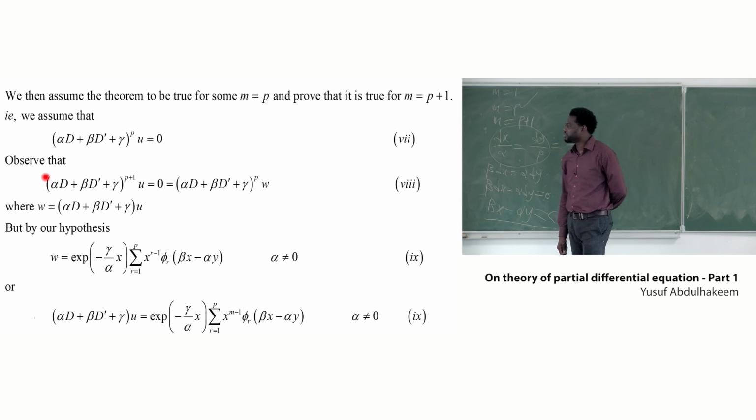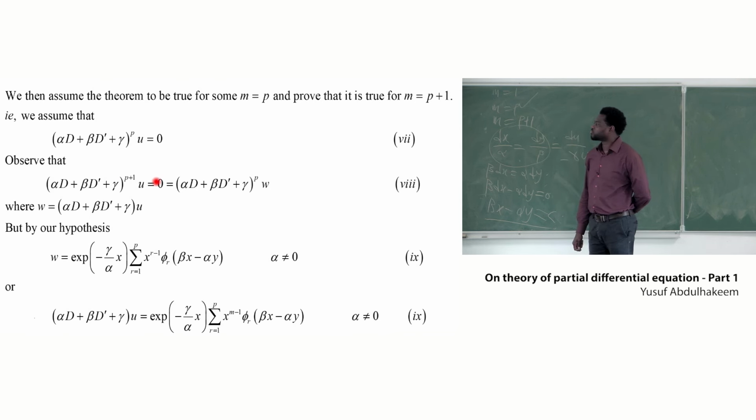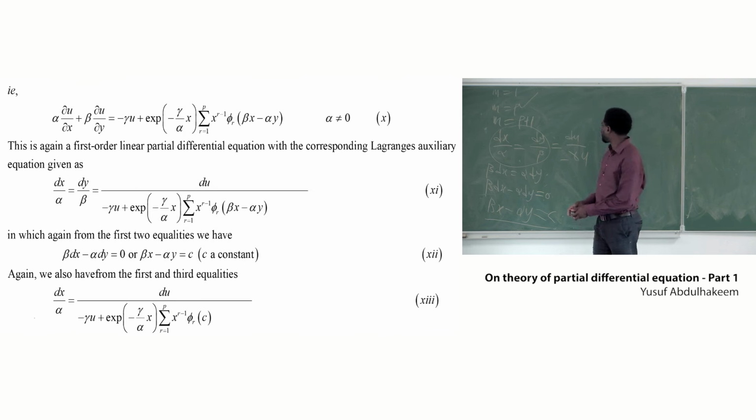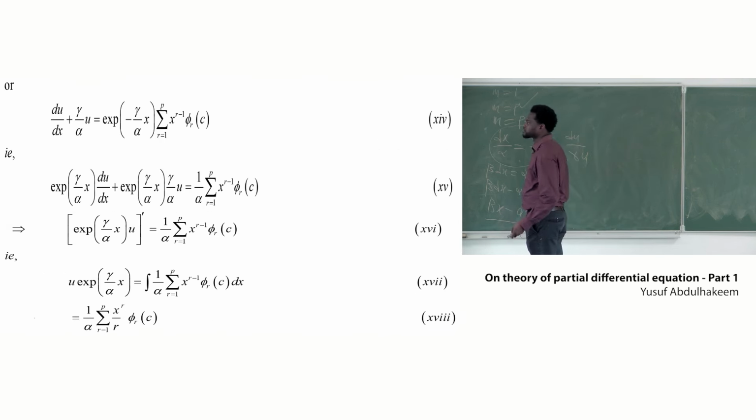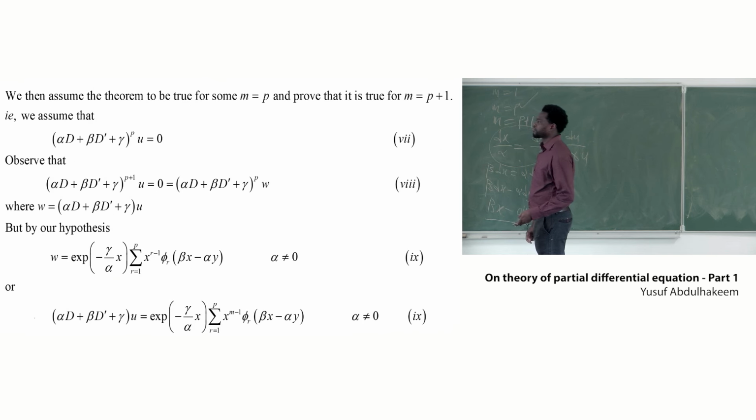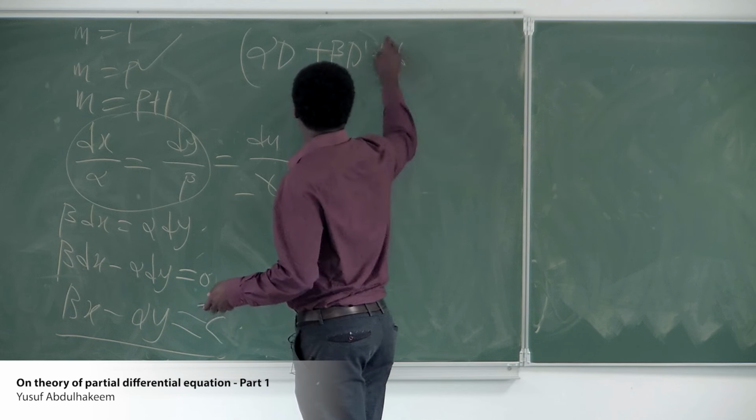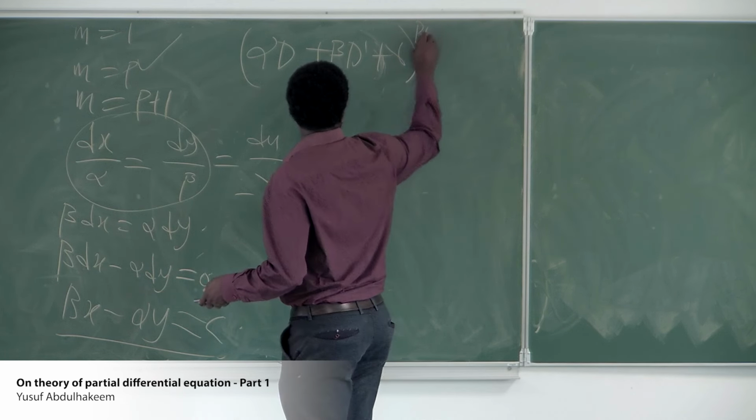that this equation here, this is when m is equal to p plus 1, we can see, and the whole of this is the same thing as what we have here. So supposing we take this omega here to be equal to this. So this, like this, is the same thing as this, because we can easily write our alpha D plus beta D prime plus gamma, then everything to the power of p plus 1.